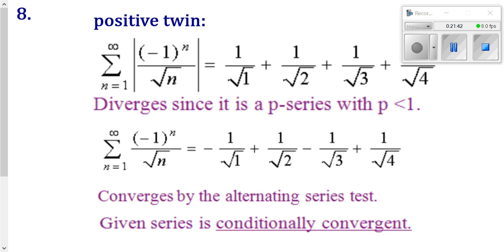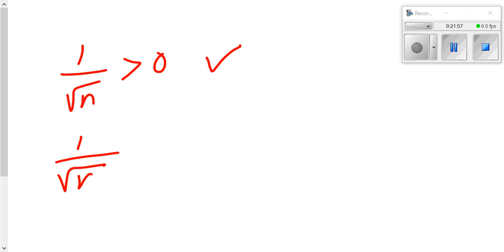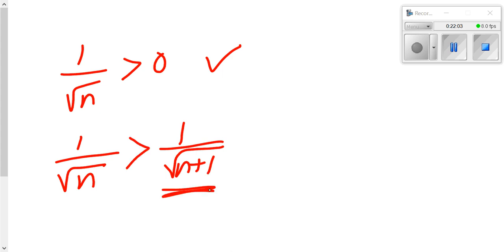All right, so I go through, and I actually didn't write very much on this slide. Let me do better. So are these terms positive? Yup. Is it true that as I put in subsequent values, this would be smaller than this each time I go on down the list?